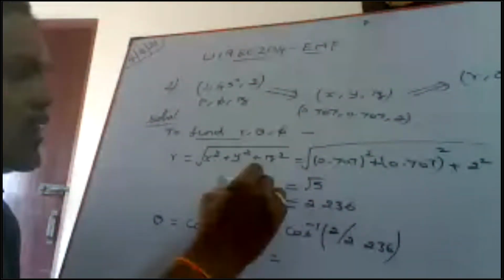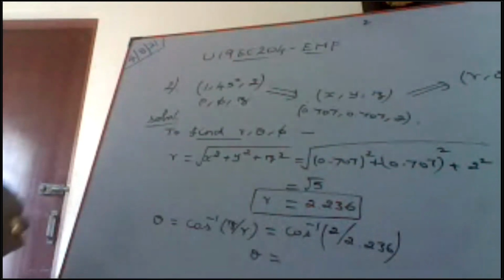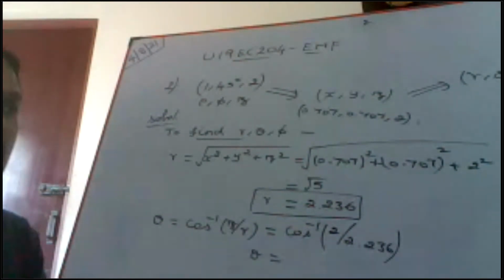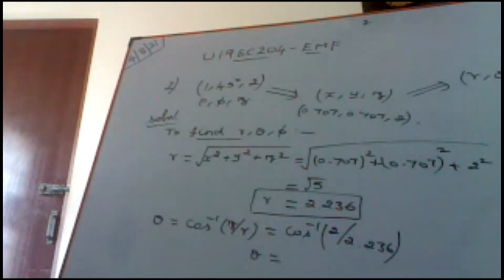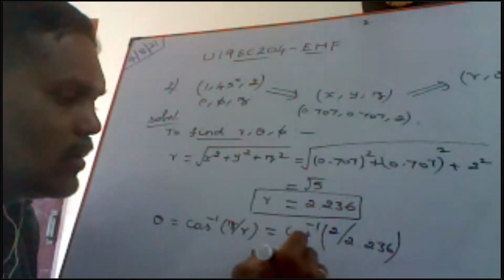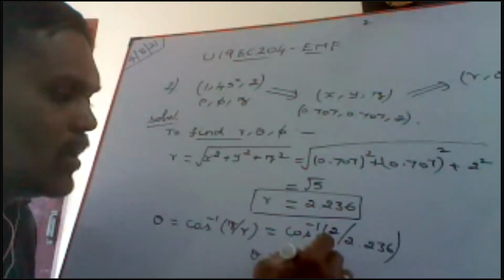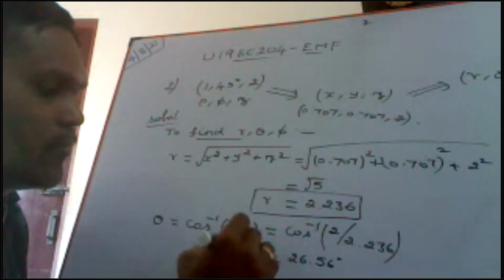So what is my theta? We have to definitely go for the calculator. So 2 divided by 2.236, for this I have to take cos inverse. So the value is 26.56 degrees. Please check whether you are getting this answer.